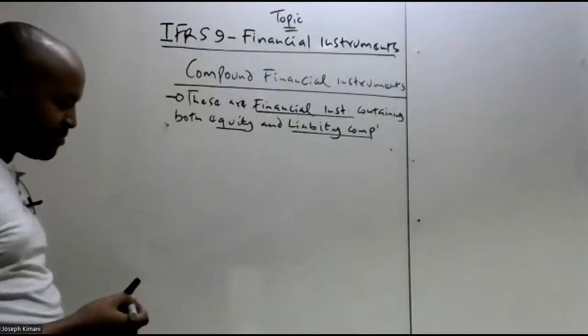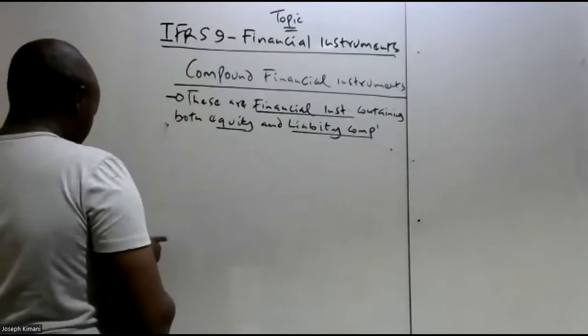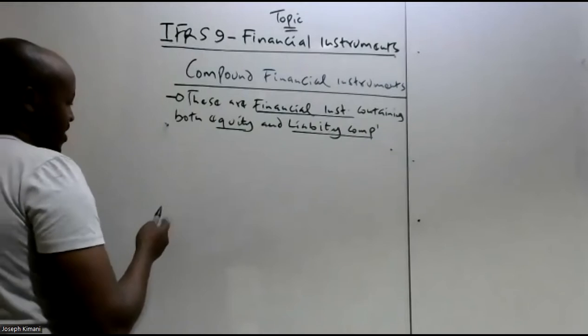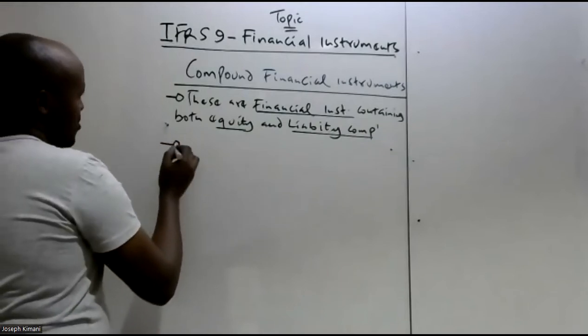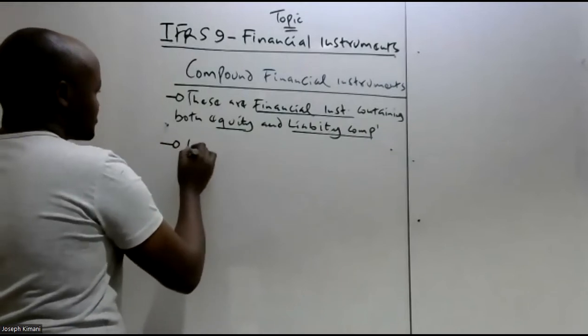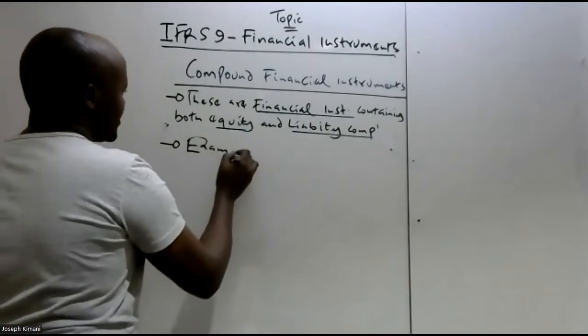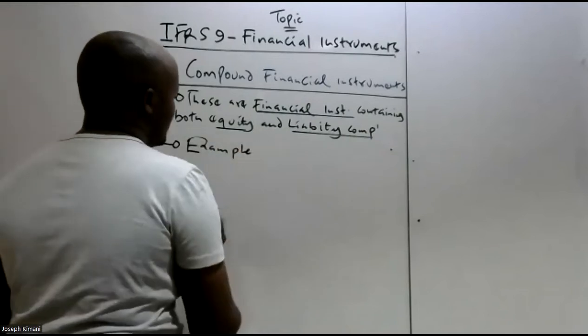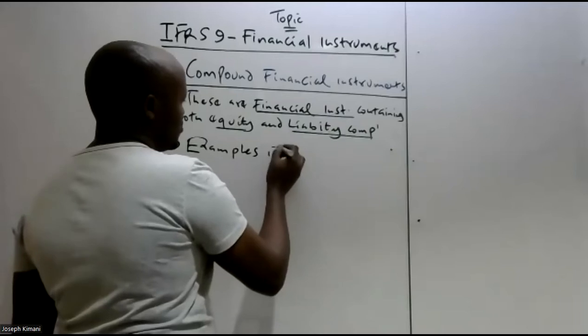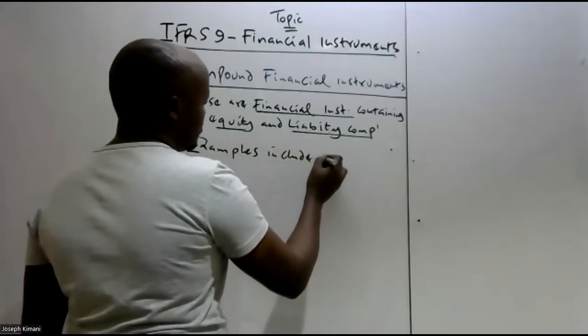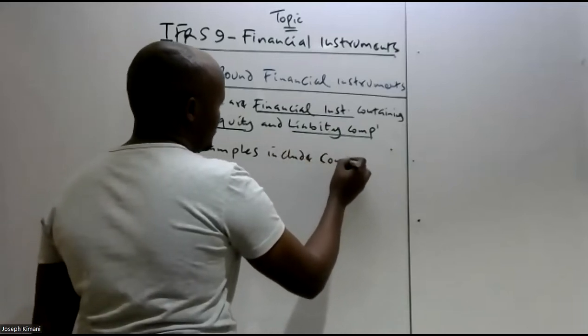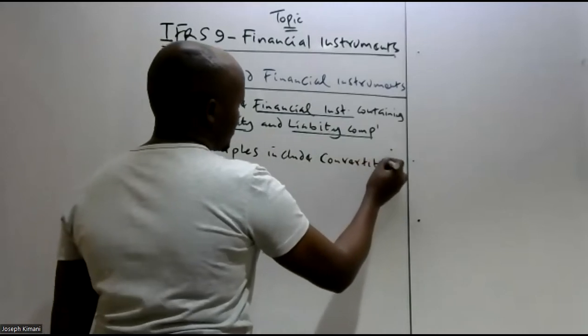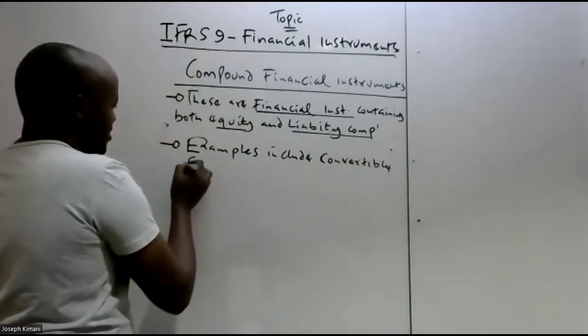Now, what are good examples of this? A good example of a compound financial instrument is what you refer to as convertible securities. Examples include convertible securities.